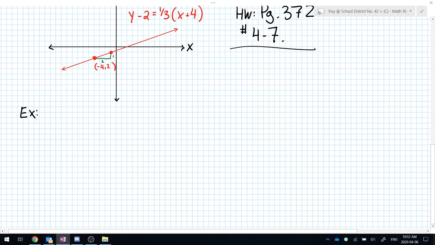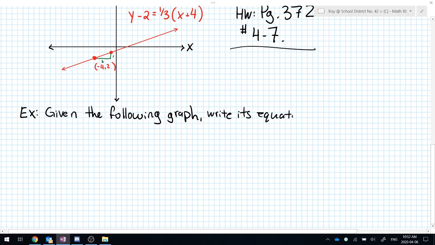Given the following graph, and obviously I'll draw the graph, write its equation in both slope point form and slope intercept form.